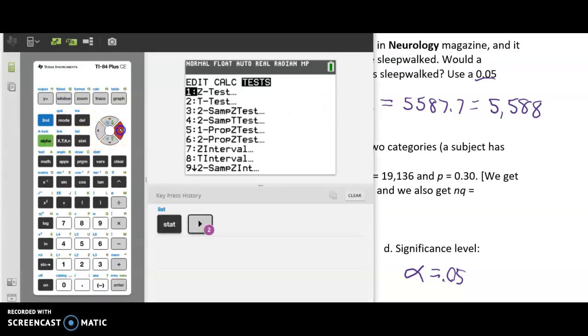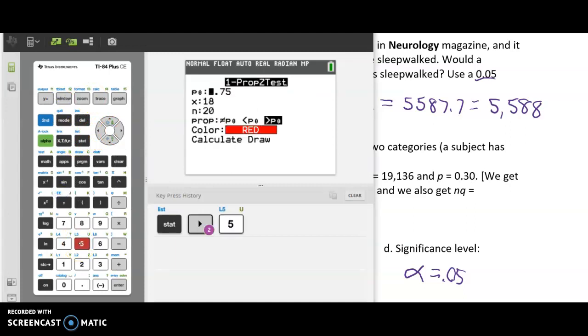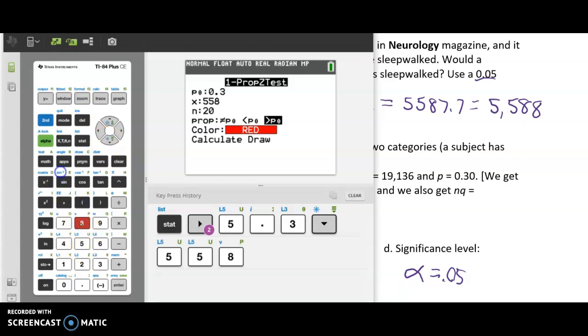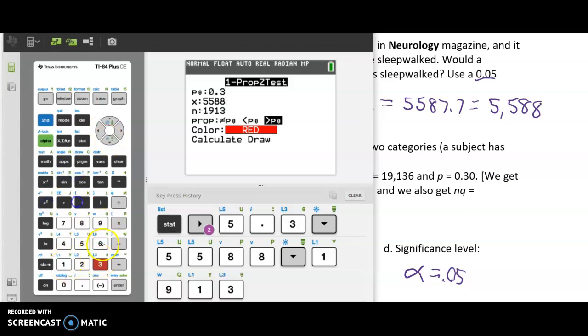Now we can go ahead and find our test statistic and our p-value using our calculator. Click Stat, go over to Tests, and enter item 5 as one prop Z test. Our P-naught in this problem is 0.3. We just calculated X to be 5,588. Sample size N is 19,136.